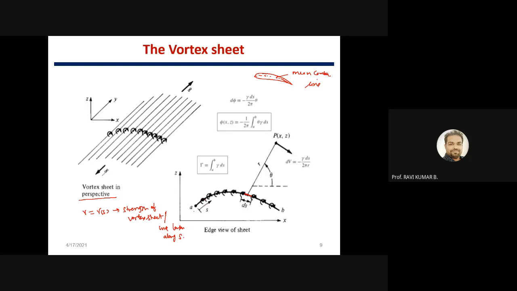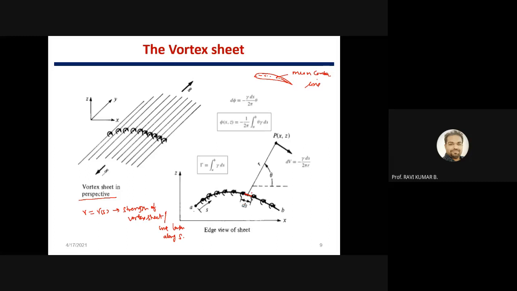So this will have strength gamma(s) at each point. You have to integrate throughout the camber line to get the net circulation. We are finding out the net circulation, so you have to integrate. Now, the strength of the infinitesimal portion, which is having length ds, will be given by gamma into ds.